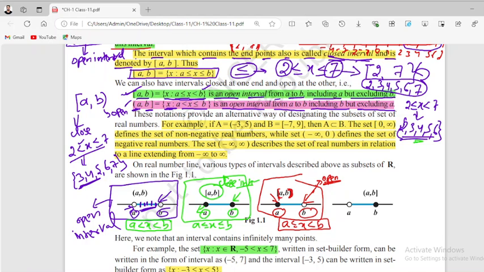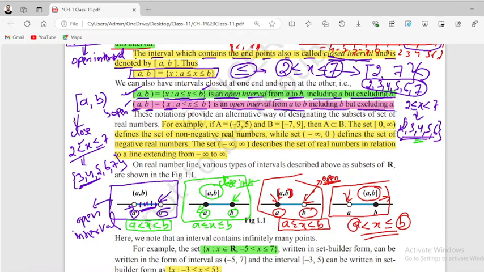And after that, we can use the reverse of this diagram, the reverse of the previous one. This is an open interval, this is a closed interval. We can represent it like that in the braces, and mathematically we can represent it as A less than X less than or equal to B. B is included and A is not included.